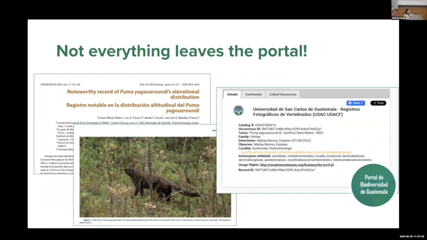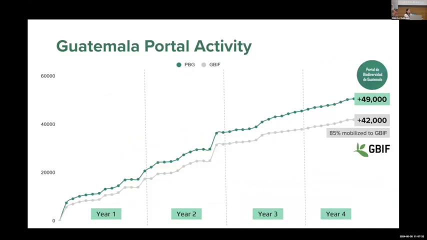So this observation is only available in our portal and is not anywhere else for now, but it's published and the information is accessible for anyone that wants to look at it at the portal. So this community is really active. We started from zero almost. Maybe a few collections had a few records already on Excel spreadsheets, of course, and then we were able to incorporate them into the portal, and we have been working with several collections since then.